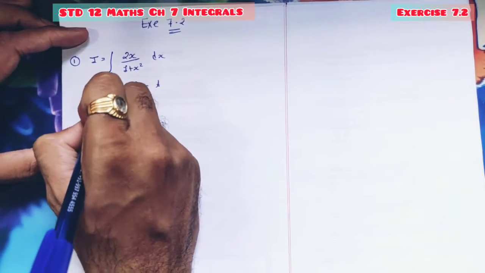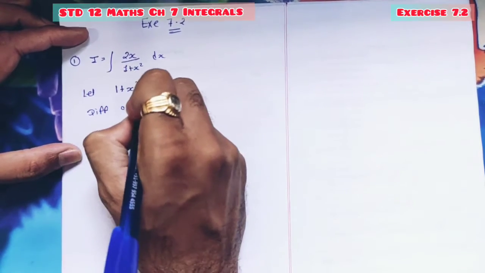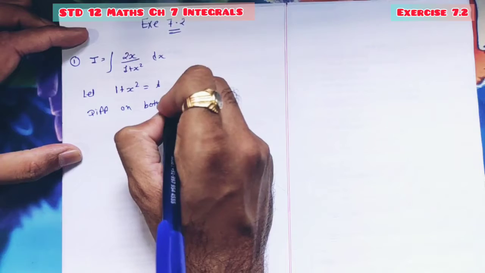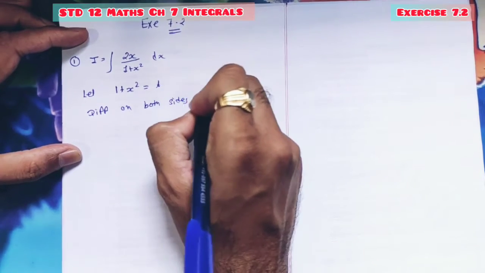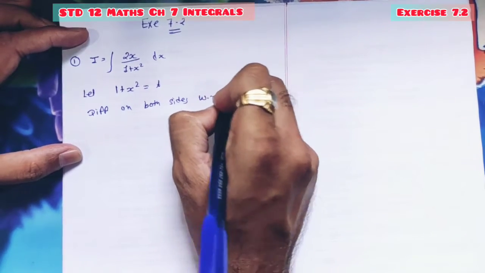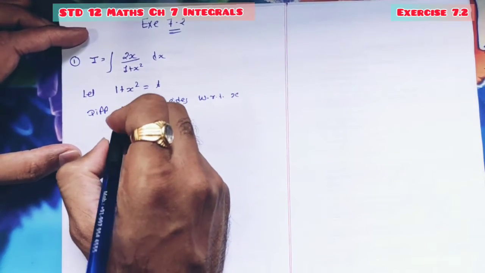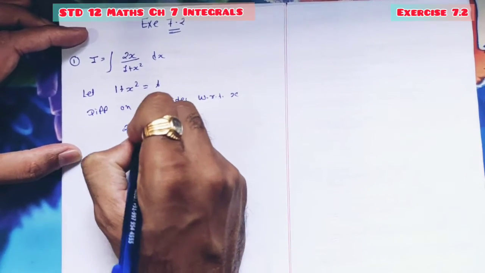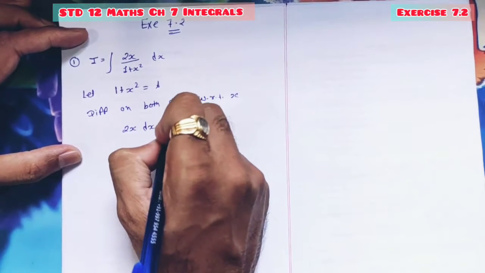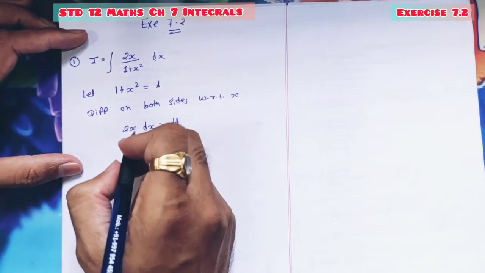Differentiate on both sides with respect to x. So this is 1 plus x square, so 0 plus 2x. 2x dx equal to dt.